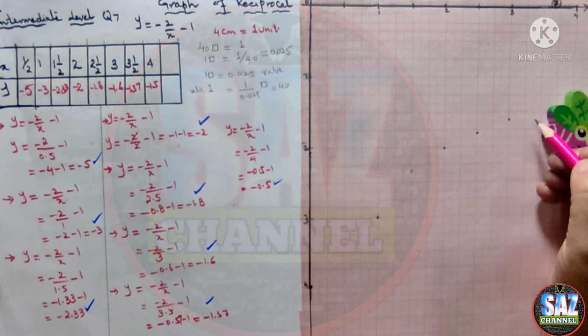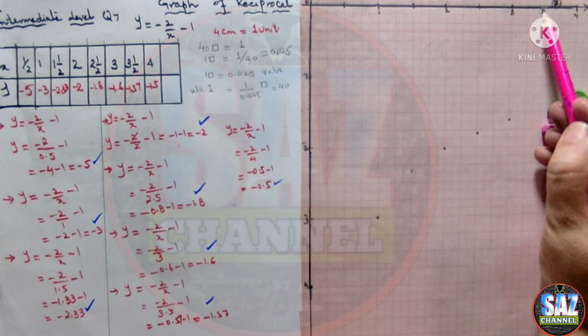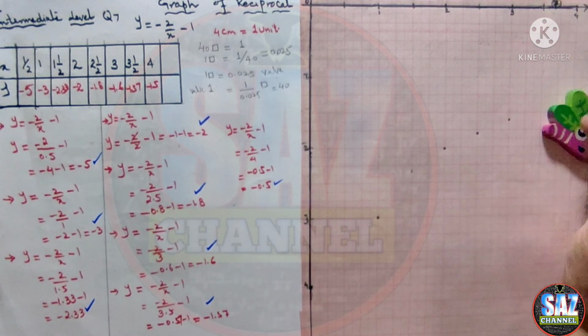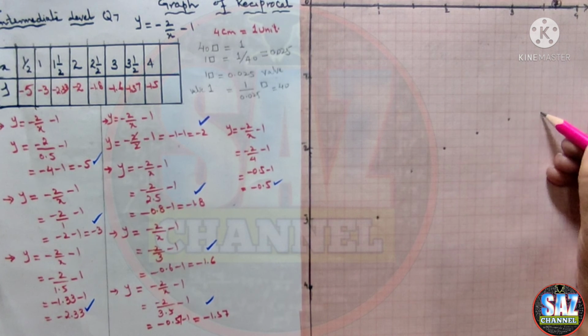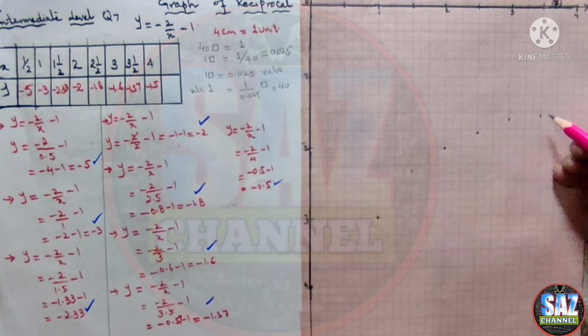For 3.5, this is the position. 1.57 divided by 0.025 gives me 62.8 blocks: 10, 20, 30, 40, 50, 60, and this is 62, then slide over here, 62.8.